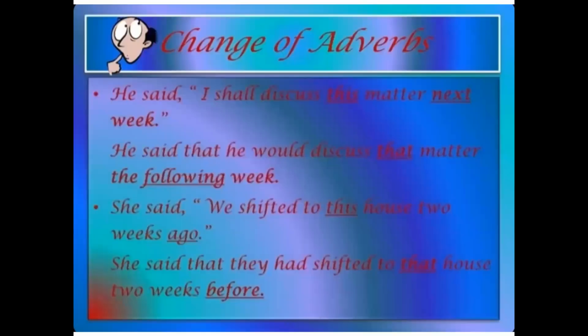For example, he said, "I shall discuss this matter next week." It will be converted as he said that he would discuss that matter the following week. Second example, she said, "We shifted to this house 2 weeks ago." It will be changed into she said that they had shifted to that house 2 weeks before.